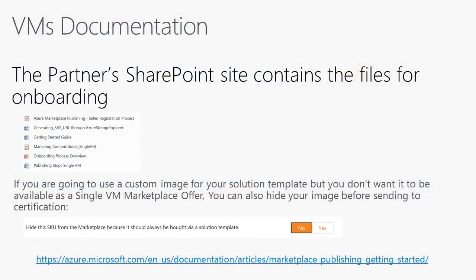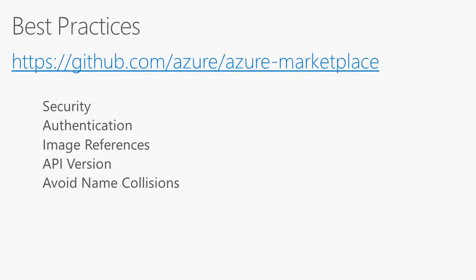Now, over the last few months, as we onboarded several partners, we've also been learning new things. So we've been putting some of these learnings and best practices into the following link. These can range from security best practices on how you do authentication, some of the image reference management, how you keep track of the API versions, and how you can avoid some of the pitfalls, such as collisions and so on.